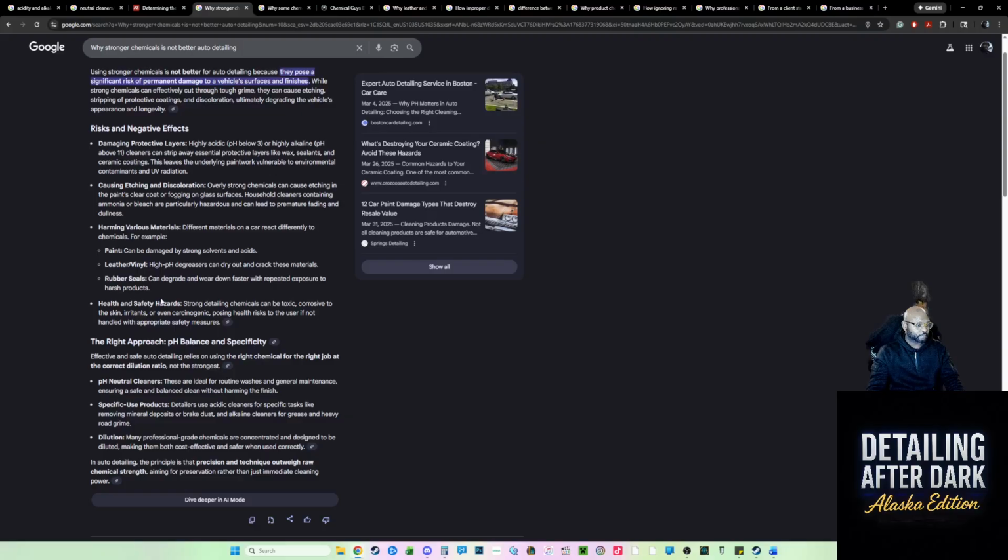Different materials on a car react differently to chemicals. Rubber seals can degrade and wear down faster with repeated exposure to harsh chemicals. Rubber seals, leather, vinyl, high pH degreasers can dry out and crack. That's what I was just talking about. So like leather and vinyl specifically, when you're taking out all the oils and any of the clear coatings, it's like your hand.